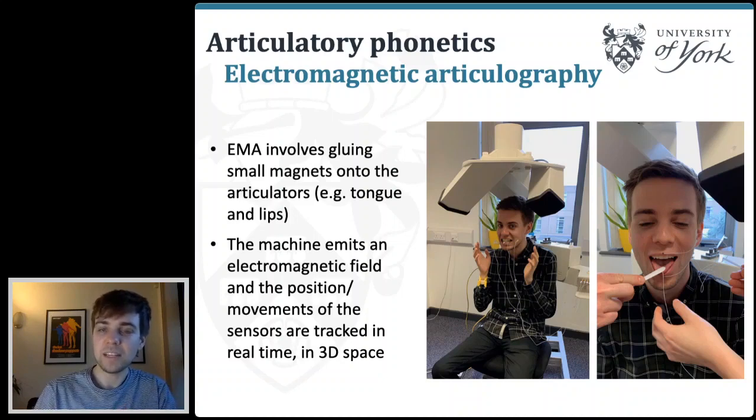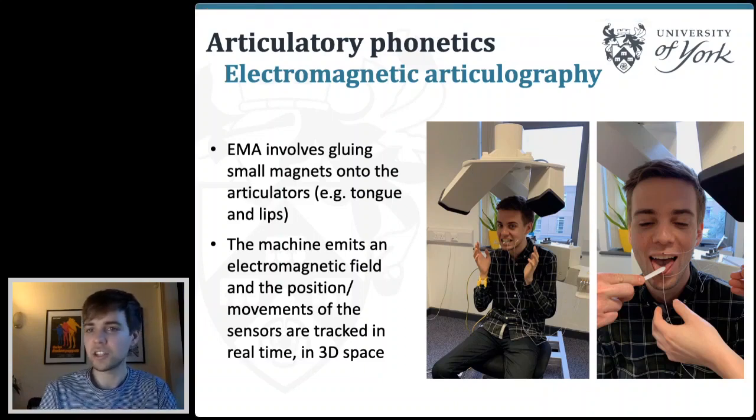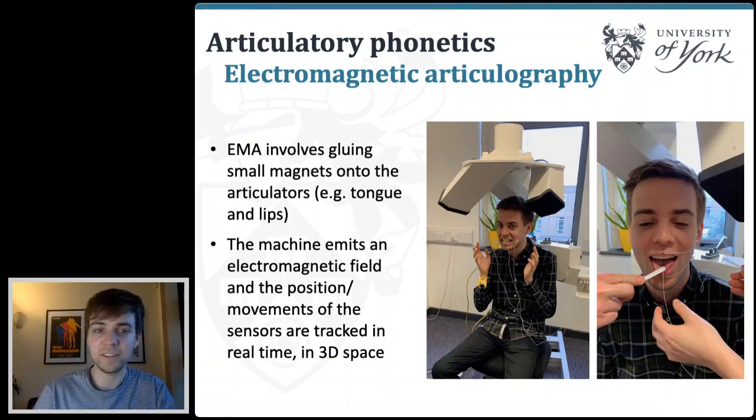So what happens here is you can see this machine, and you stick lots of small magnets to the tongue, to the lips, to the chin, the cheeks, wherever you want, basically. And those magnets are then tracked in 3D space by this machine, which emits an electromagnetic field. So it's really kind of cool and high tech.